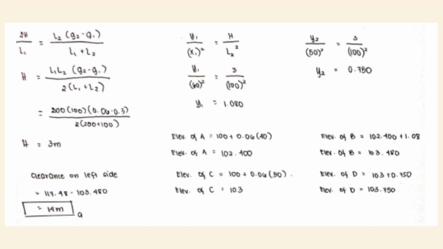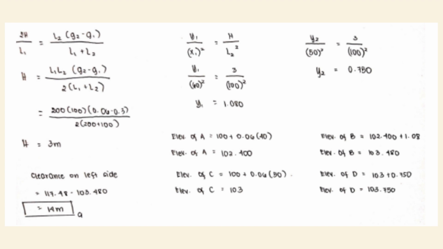Next, let's solve for the clearance at the right side of the bridge. But before that, let's first solve for the elevation of C and the elevation of D. So elevation of C is simply 100 plus 0.06 multiplied by 50. Solving that, we have the elevation of C equaling 103 meters.